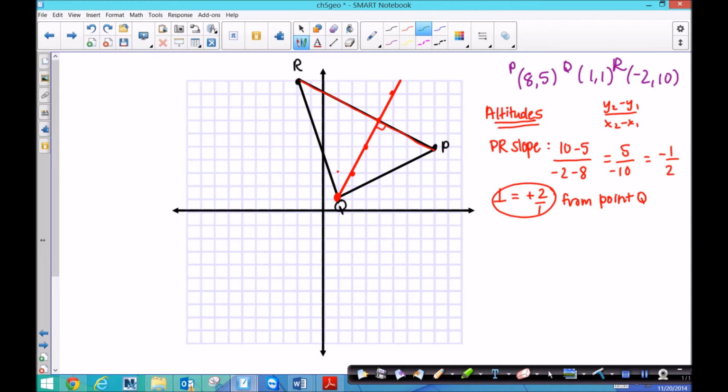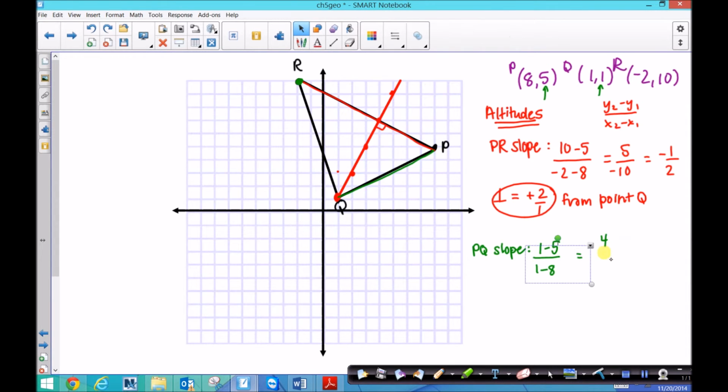But one altitude is not enough, so we choose another point. Let's say that we chose point R. If we're going to choose point R, we need the side opposite point R, which is PQ. So we're going to do the exact same thing. We're going to find the slope of PQ. To do that, we're going to look at y2 minus y1, so 1 minus 5 over 1 minus 8.